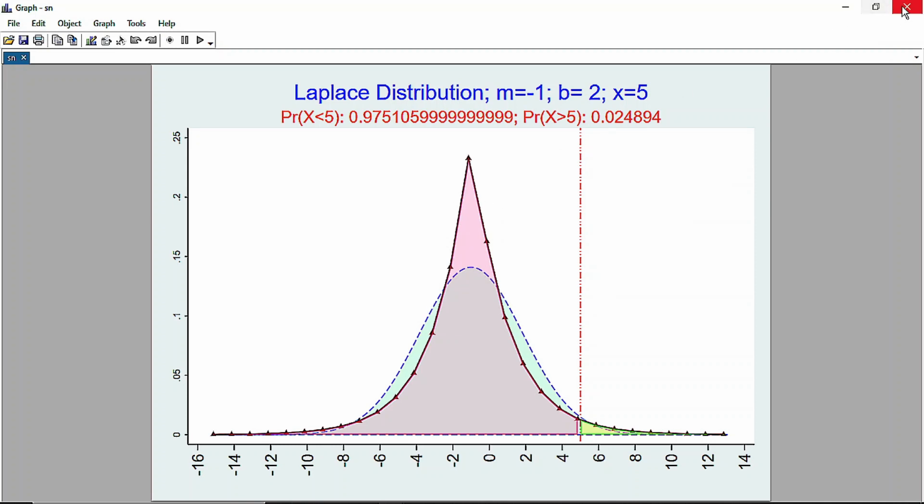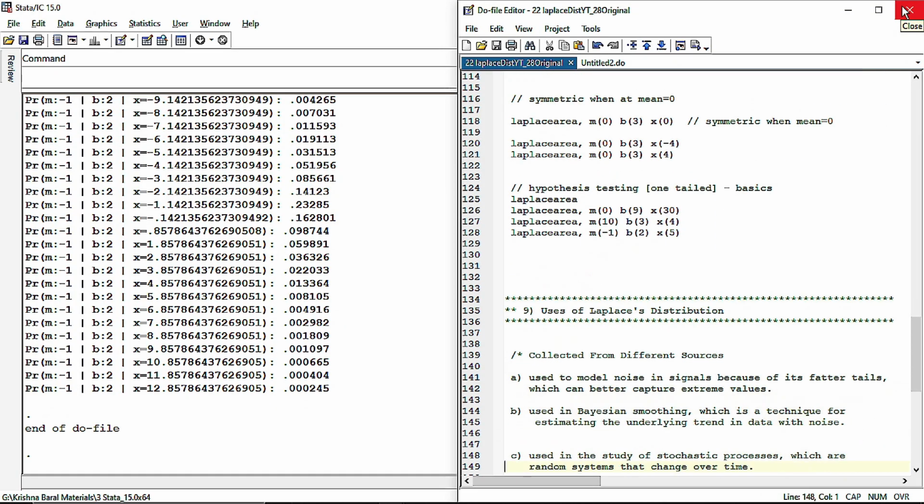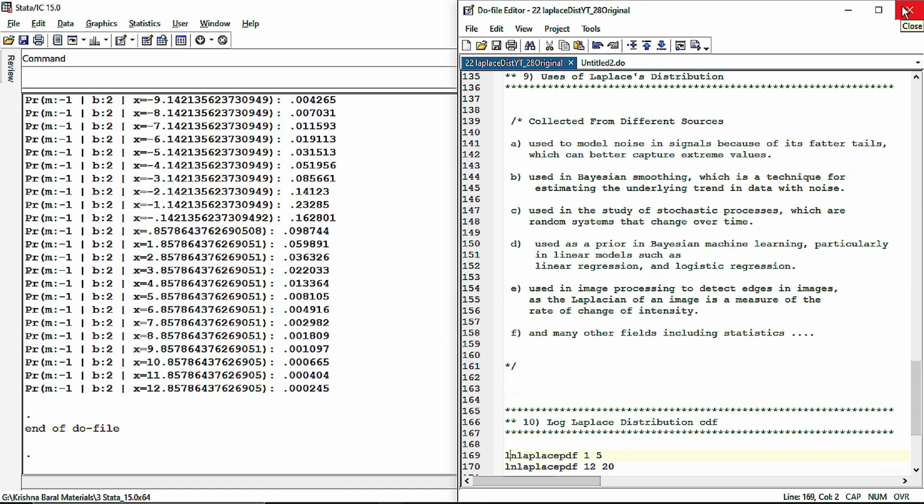At the backdrop, we have the normal distribution with the mean and variance equal to the mean and variance of the Laplace distribution. Now let us see some of the uses of the Laplace distribution, which I've collected from different sources. The Laplace distribution is used to model noise in signals because of its fatter tails, which can better capture extreme values. Similarly, it is used in Bayesian smoothing, which is a technique for estimating the underlying trend in data with noise. It is also used in the study of stochastic processes, which are random systems that change over time.